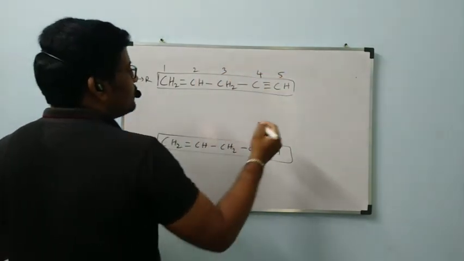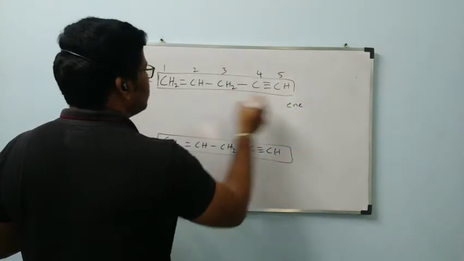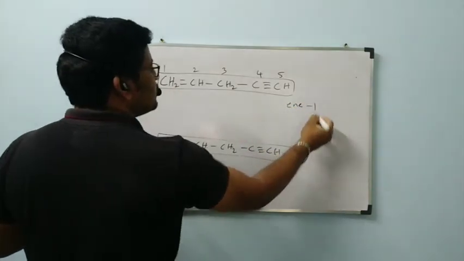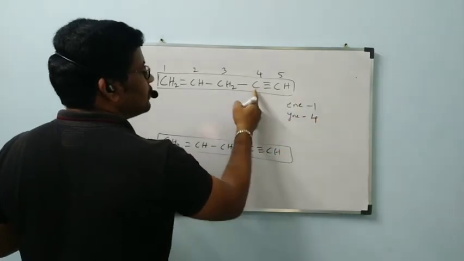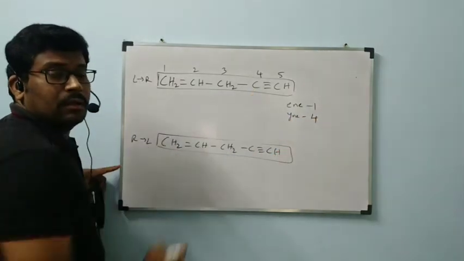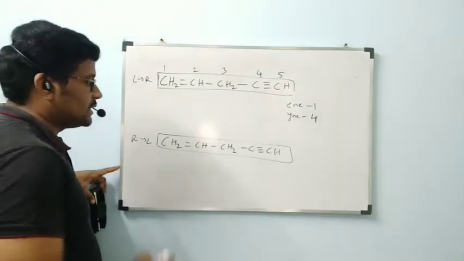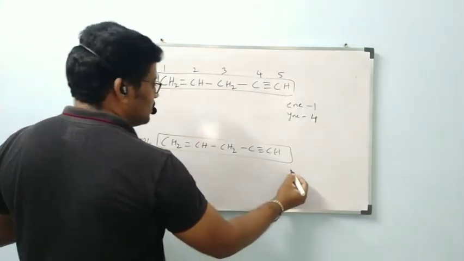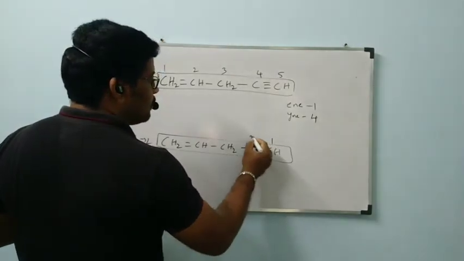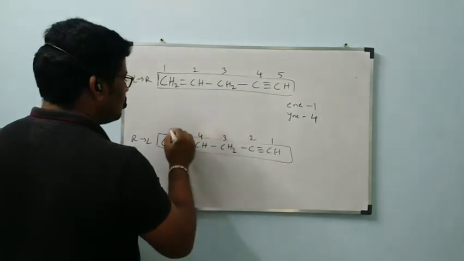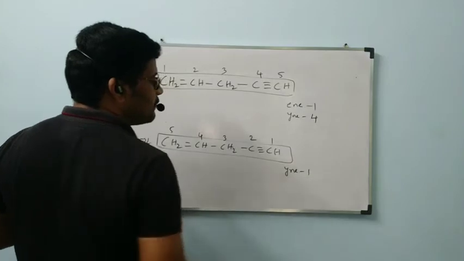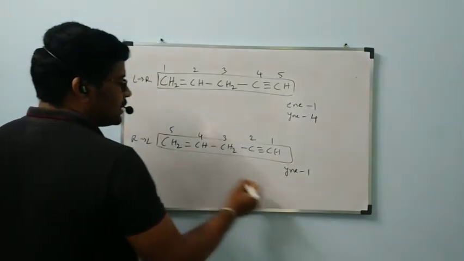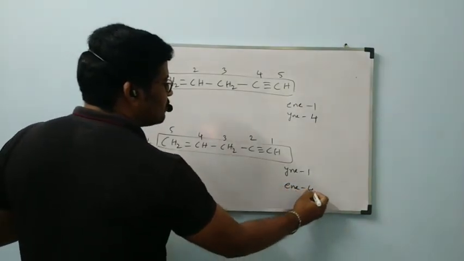According to left to right, yne is getting number 1, ene is getting number 4. Next, according to right to left, 1, 2, 3, 4, 5: ene is getting position 1, yne is getting position 4.